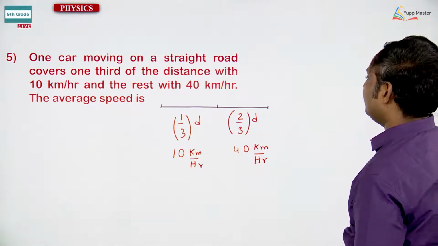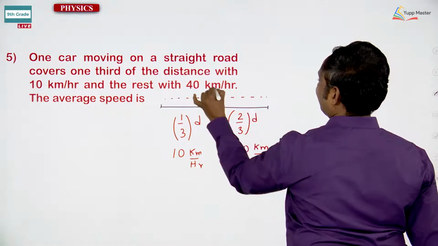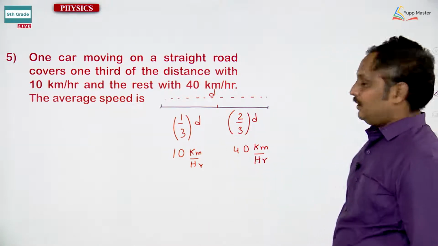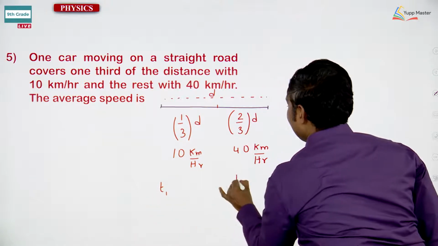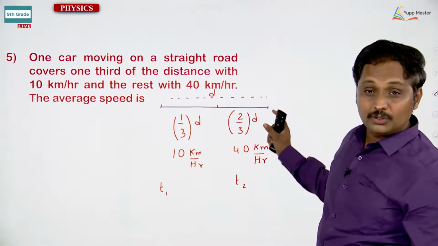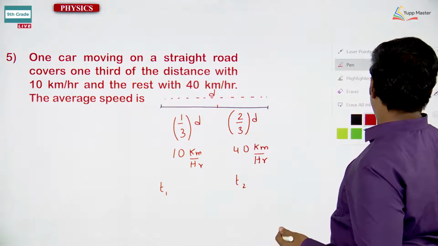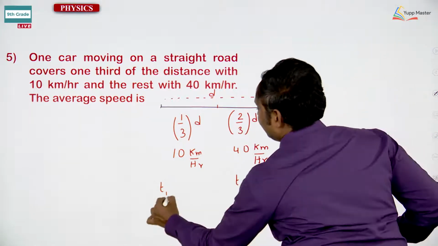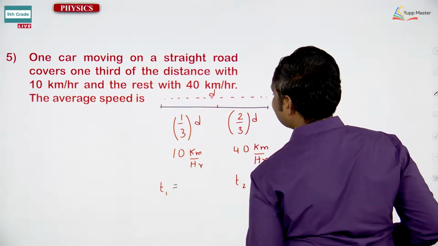The total distance is going to be d. Here we would like to take t1 and t2, the time taken to cover 1/3 and 2/3 of the total distance. Easily we will find that, so t1 is going to be identified.